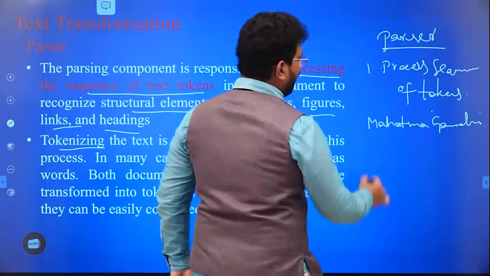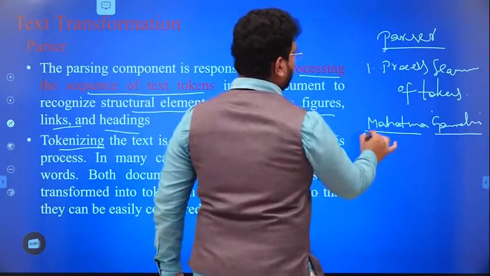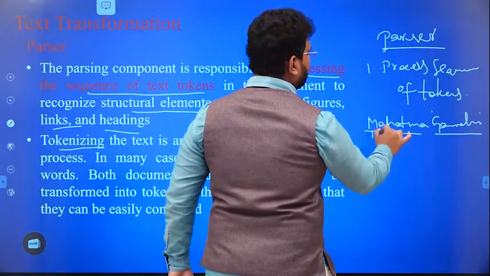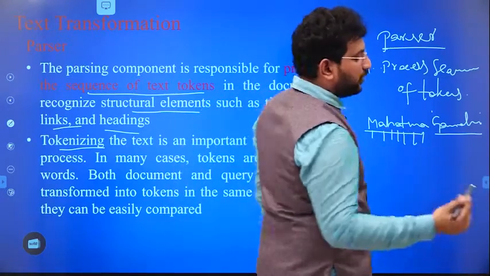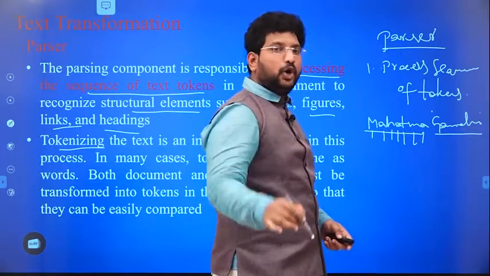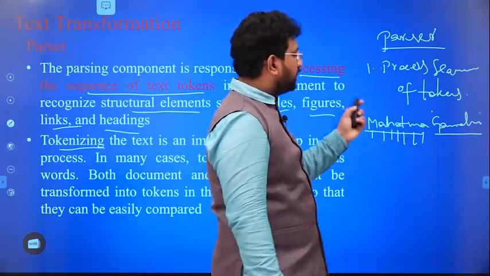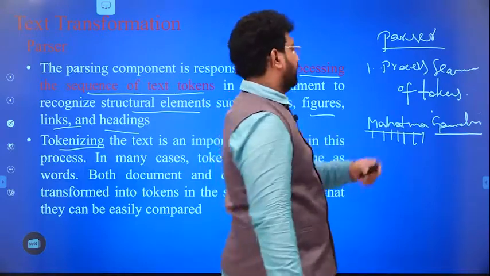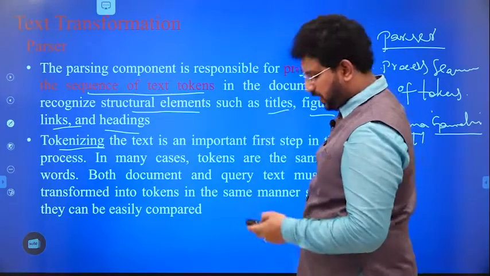Here you have two words, Mahatma and Gandhi. Again you have individual characters M, A, H, A, T, M, A. The smallest individual unit we can simply call a token. How are these words processed? Character by character. That is what we are going to study about the parser.